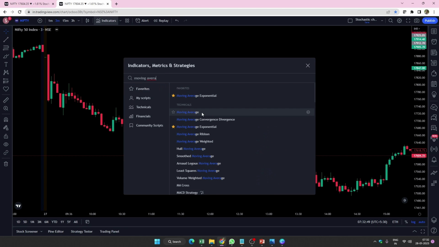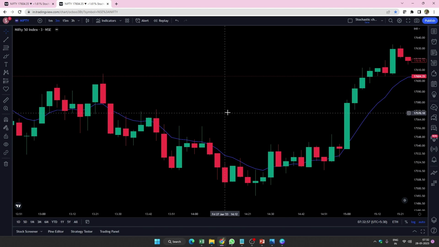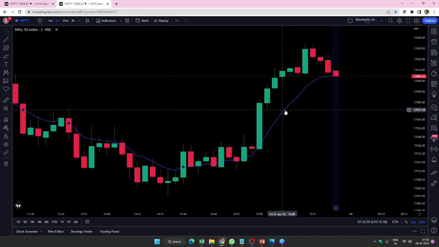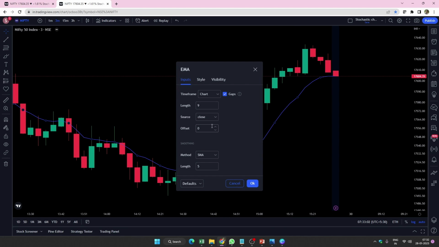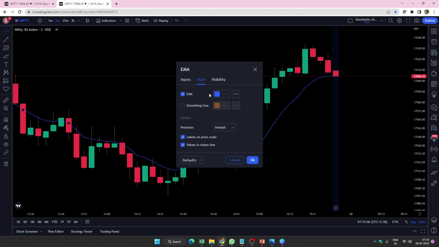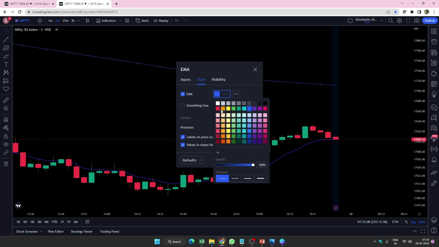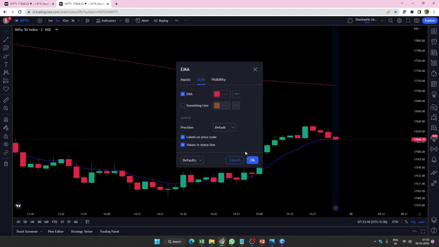So you will have to go to the search and find the first indicator, moving average exponential. I select the same indicator 4 times so that I can utilize the moving averages of 200, 100, 50 and 20.